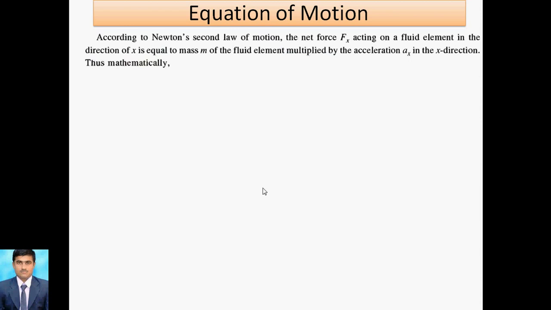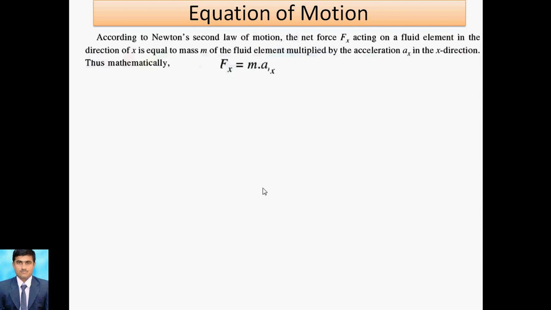As per Newton's laws of motion, the net force Fx acting on the fluid element in the x direction is equal to the mass of the fluid element multiplied by Ax, the acceleration in the x direction. Mathematically, we can write Fx = m Ax.